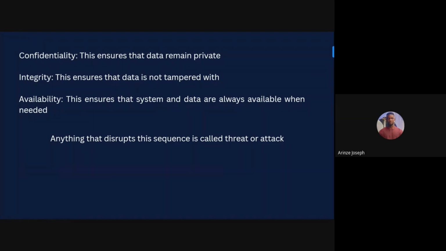Then another thing is integrity. Integrity ensures that data is not tampered with. For example, I send you a message on WhatsApp: go and fetch water. Then there's a hacker listening to our communication, and the person alters the message I sent you from go and fetch water to send me money.